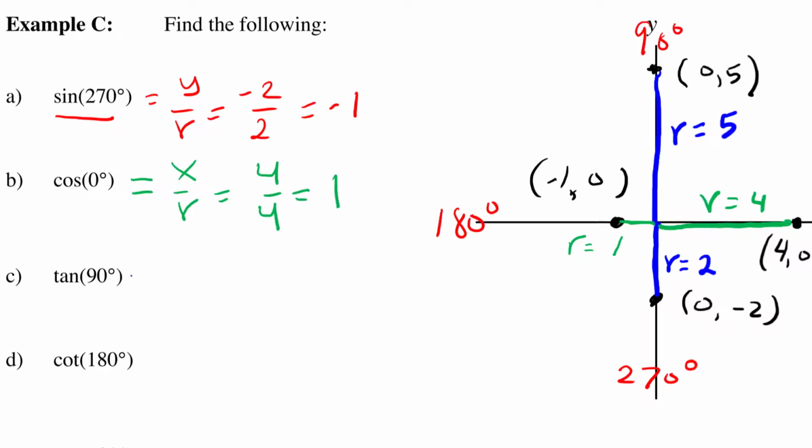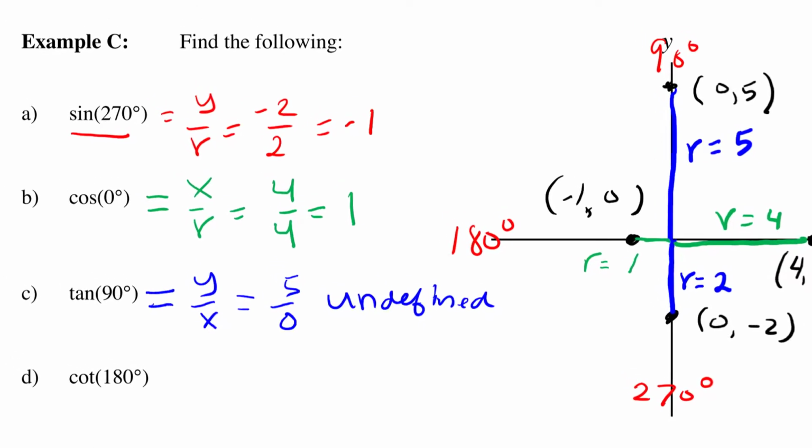Cosine of 0 degrees equals 1. At 90 degrees, the tangent, being y over x, is 5 over 0. This is, of course, undefined. I'm not going to do cotangent of 180 degrees right now.